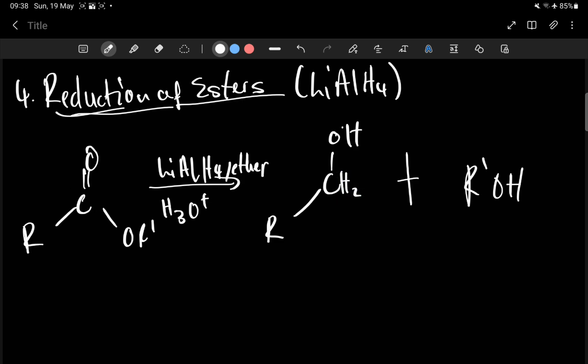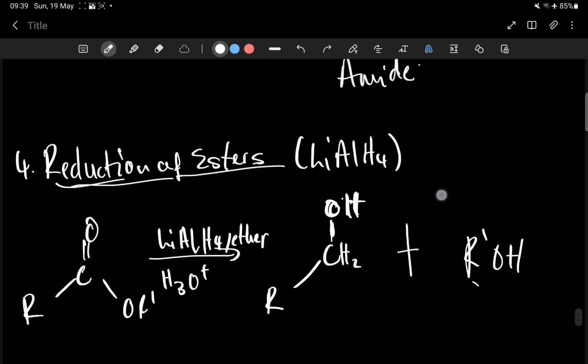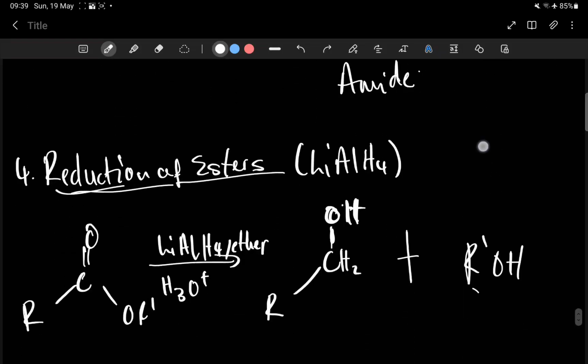So this double bond O becomes a single bond OH. This whole thing goes to become R prime OH, and then we put 2 more hydrogens, because one was from the double bond, which we've made a single bond, and the other one was from the bond with this R prime O, which goes. So basically, never forget that for esters, we always get that R prime OH.